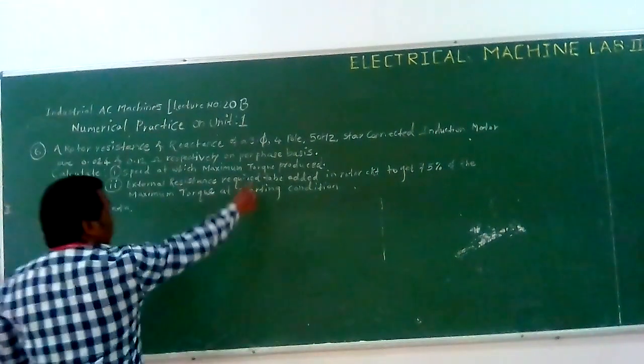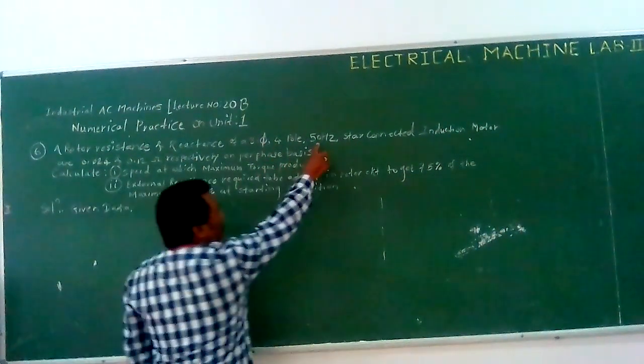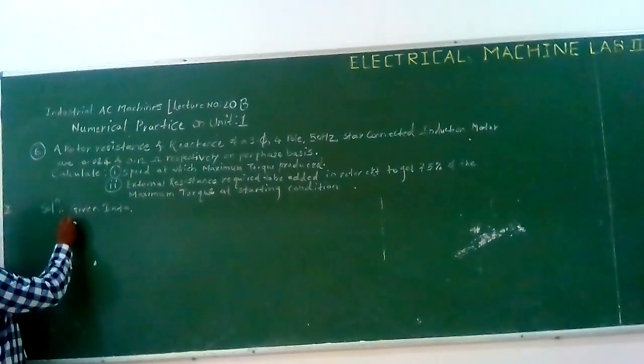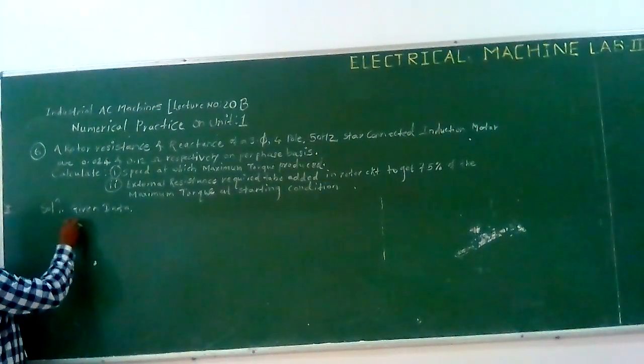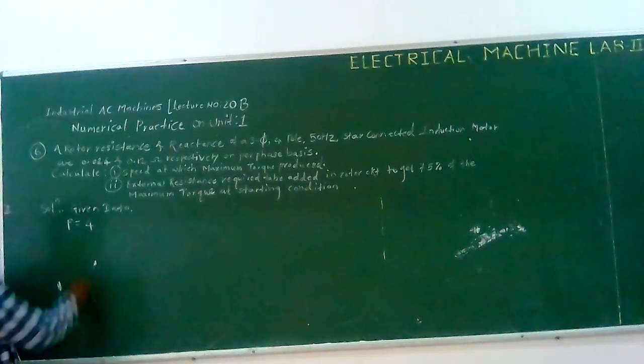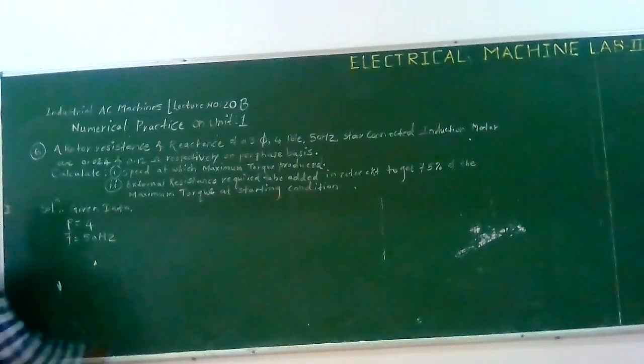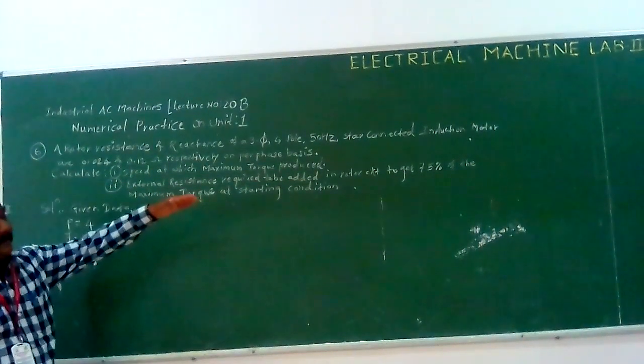Given that the number of machine poles is 4 and the frequency is 50 Hz. So in the solution, the given data is: number of poles P is 4, frequency is 50 hertz, and star connection is given.